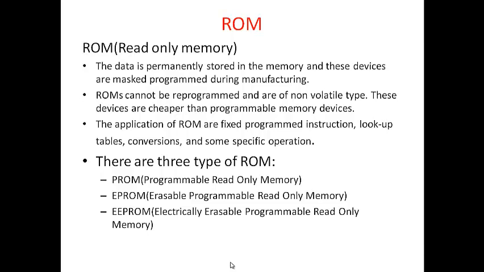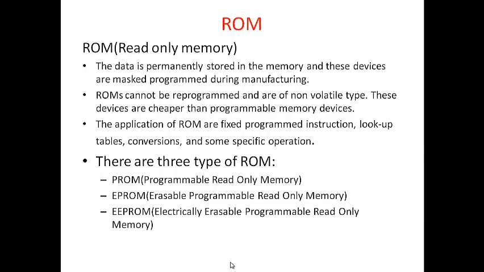In read-only memory, the data is permanently stored in the memory and the devices are mask programmed during manufacture. That is, once the device has been manufactured, they will write the program and that particular write pin will be broken or masked.